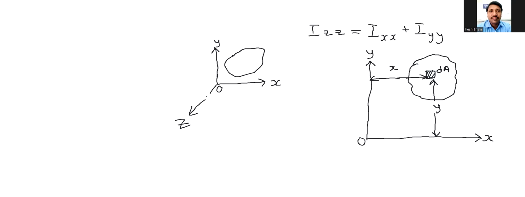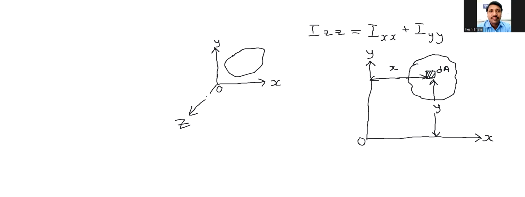Referring to this figure, if the z-axis is normal to the plane of the figure passing through point O, then according to this theorem, Izz is equal to Ixx plus Iyy. Let us prove this.